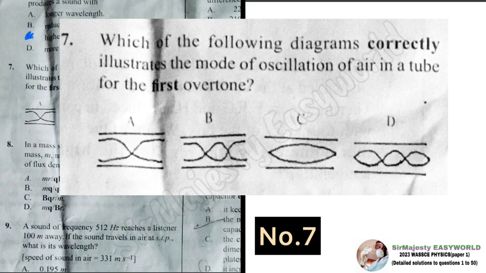Then which of the following diagrams correctly illustrates the mode of oscillation of air in a tube for the first overtone? We both know that the first overtone is known as the second harmonic. The first harmonic is drawn something like this for an open tube with the reflected sound wave, but here they did not write it like that, so let's just write it fully.